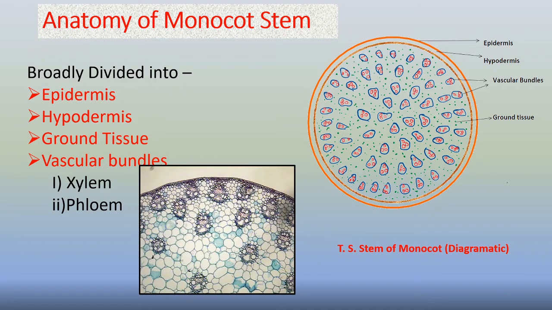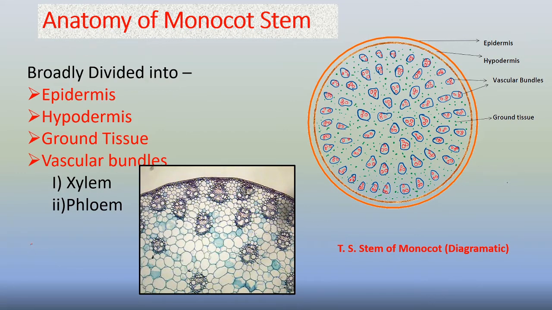So, the best example of the monocot stem is the maize. So, this is the figure which is showing the diagrammatic sketch of the monocot stem. So, when we see the anatomy of monocot stem, we will see how it is divided into different parts. When we cut the transverse section of any monocot stem, its outline is circular, which is shown here in the diagrammatic figure.